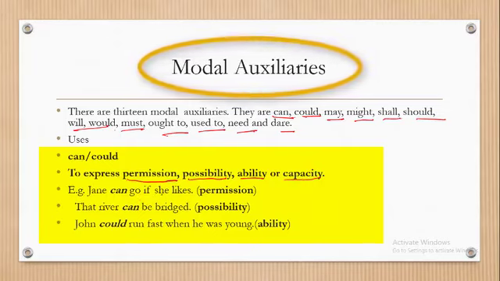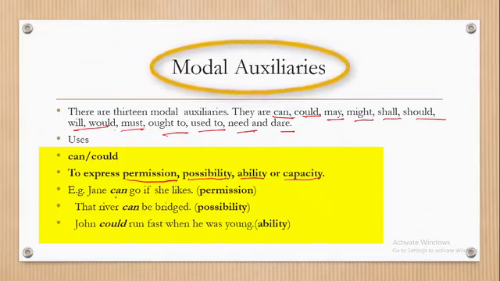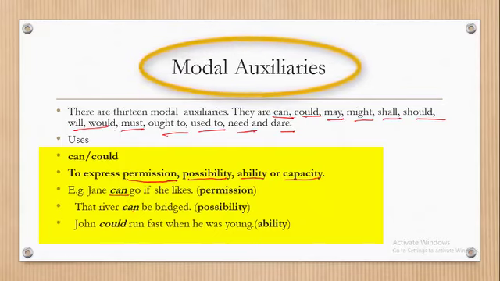Jane can go if she likes. Now, the use of can there is to express permission. She can go. I permit her to go if she likes. Look at the second example, expressing possibility. That river can be reached.